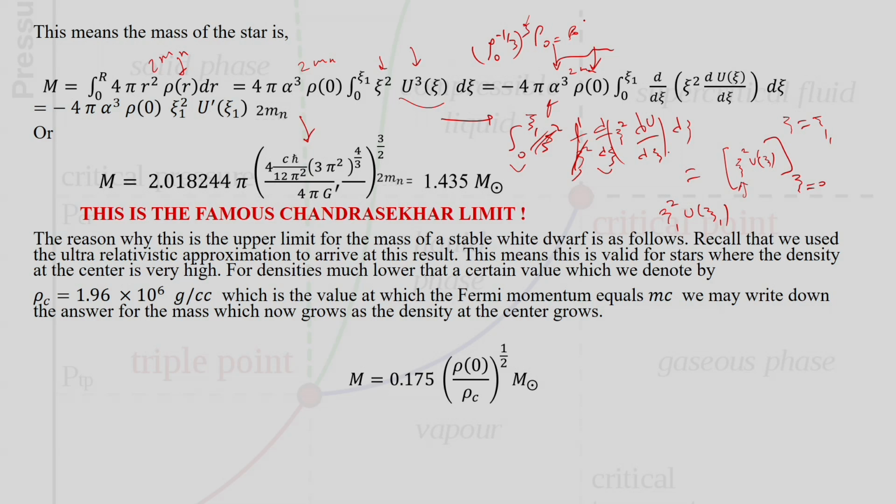So now if you calculate the total mass of the star, it is completely independent of the density at the center. So it only depends on fundamental constants: not a whole bunch, just three of them, the speed of light, Planck's constant and the gravitational constant.